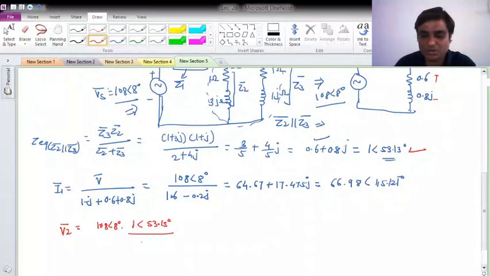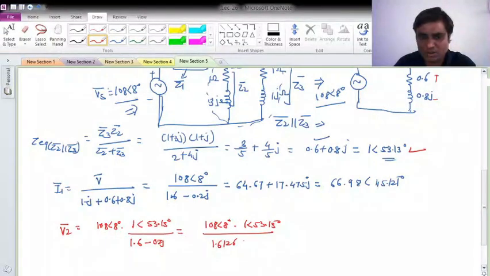This addition I got as 1.6 minus 0.2j. So this is 108 with angle 8 degrees into 1 with angle 53.13 degrees divided by 1.6126 with angle minus 7.12 degrees.